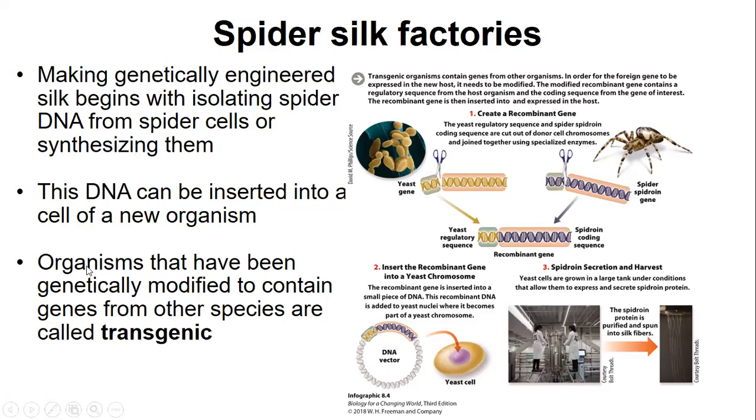Organisms that have been genetically modified to contain genes from other species are called transgenic. They are called transgenic. Now, some of you may be wondering, what? How? What is going on here? Are you serious? Yeah. How long have we been doing this? It's been a while. We've been doing this for a while. It's in our food industry.